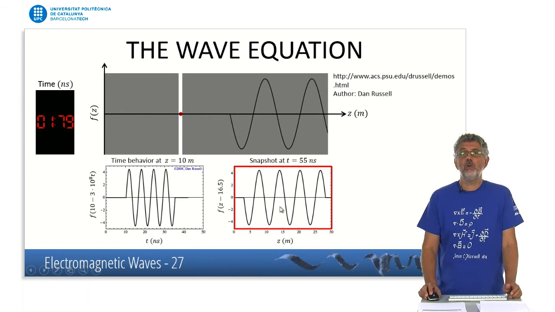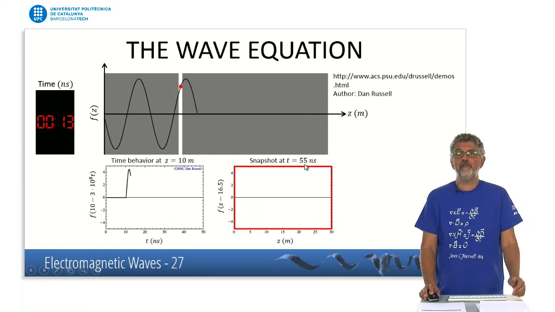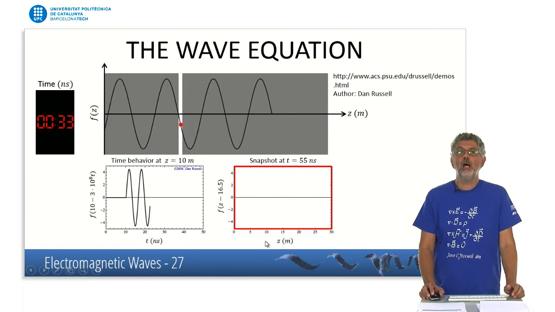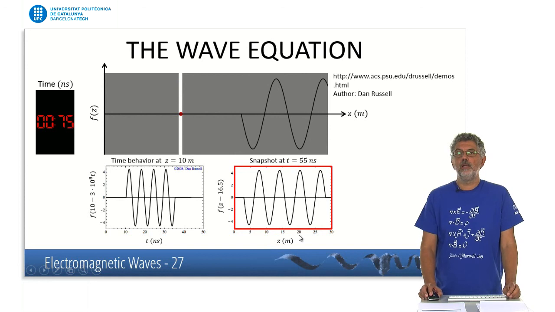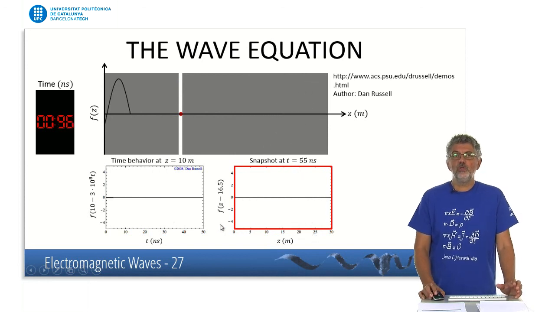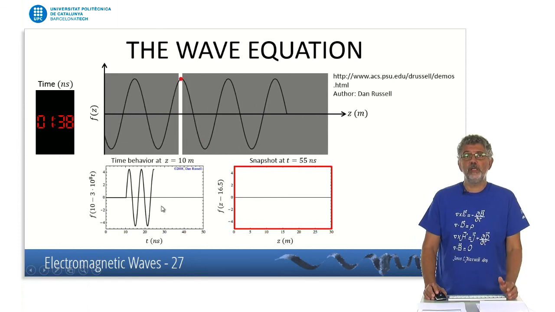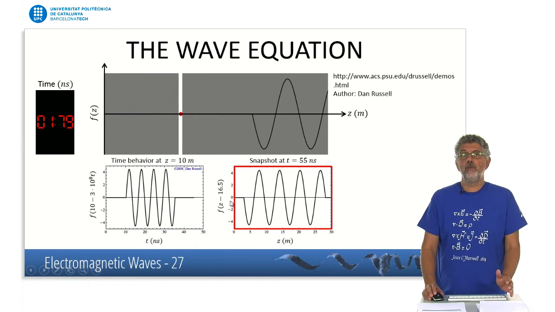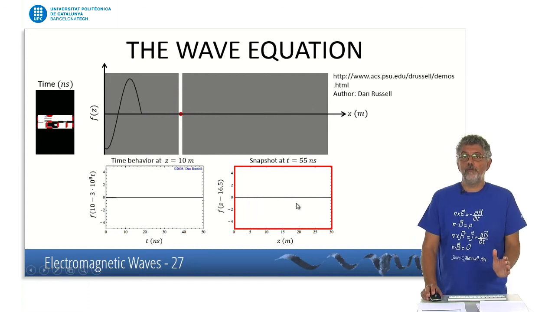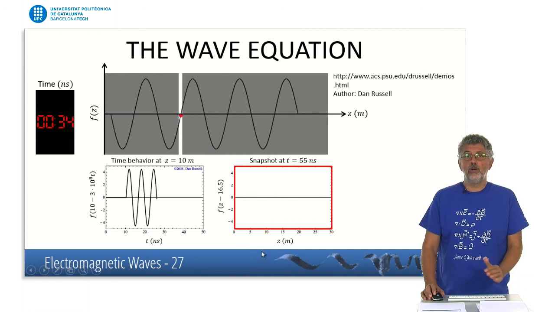Or else, we can make a snapshot: for a given time, let's say 55 nanoseconds, plot how the electric field is along the z-axis. So usually we have these two representations: represent the wave in one position along time, or represent the wave for a given time along the position.